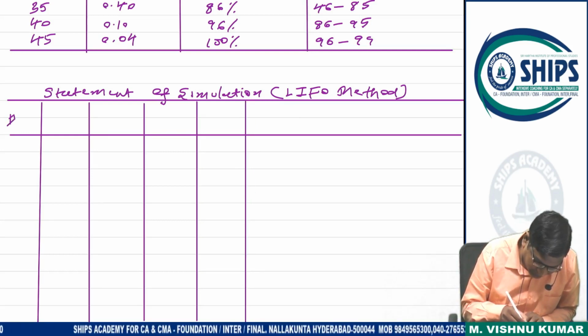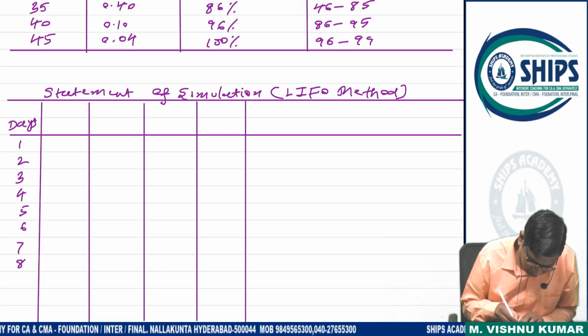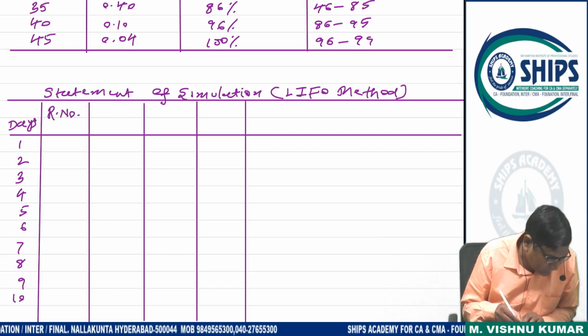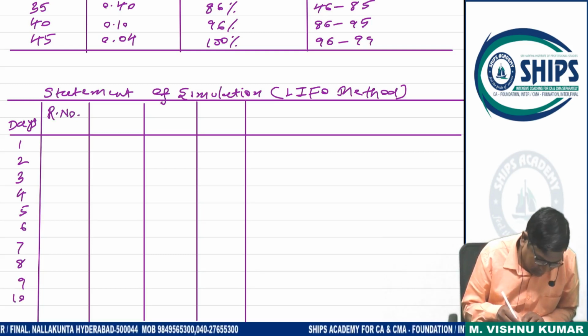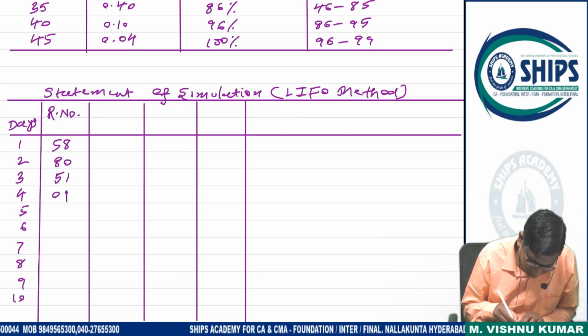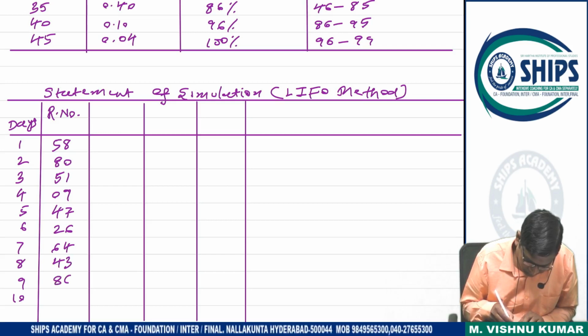So first is day. Next is random number. Random numbers are 58, 47, 30.